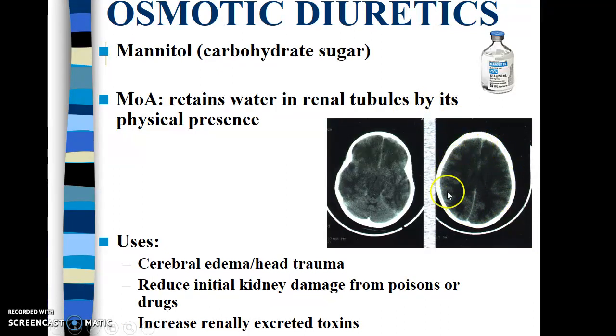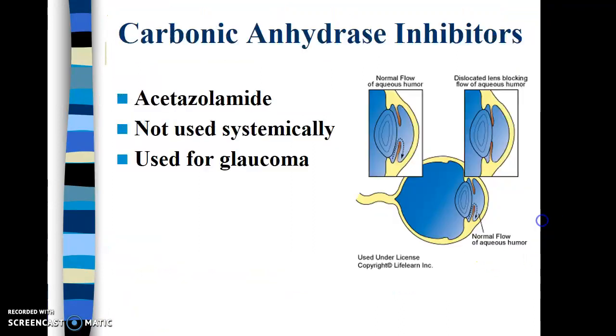Swelling of the brain is not good because it's encased in a bony case that does not give, so we'll want to get fluid out of it as quickly as possible, and mannitol works very effectively for that. We can also use mannitol in situations where we have poisons or excess drugs. It will also help to eliminate those quickly from the body.